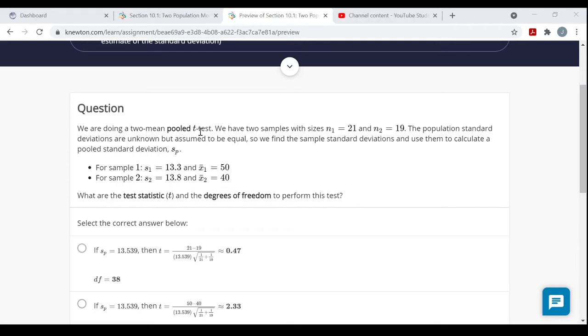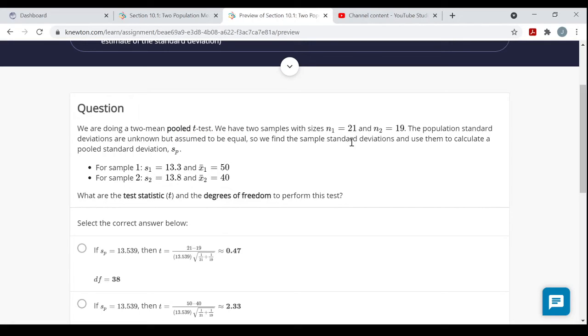Alright. We have two samples with sizes n1 equals 21, n2 equals 19. The population standard deviations are unknown, right? That's why we're using a t-score here, students' t-distribution, but assumed to be equal. That's what makes it pooled. That's what makes this test a pooled t-test, because the population standard deviations are assumed to be equal.